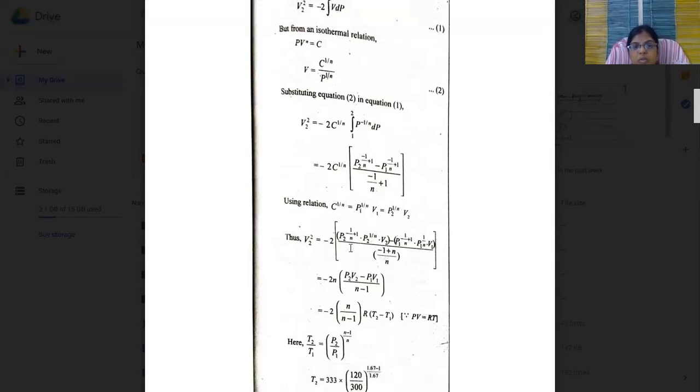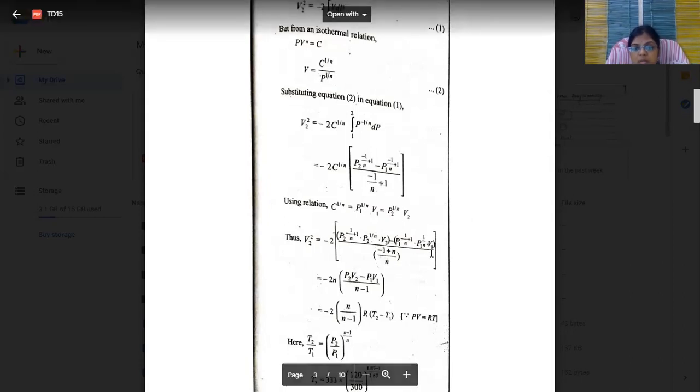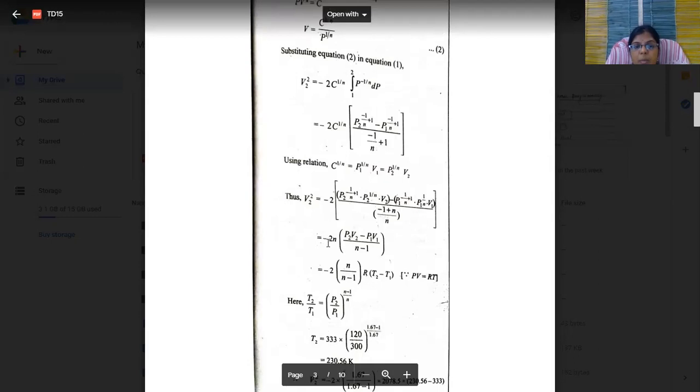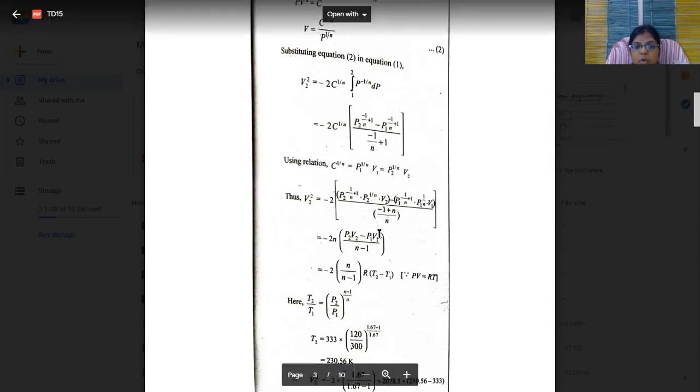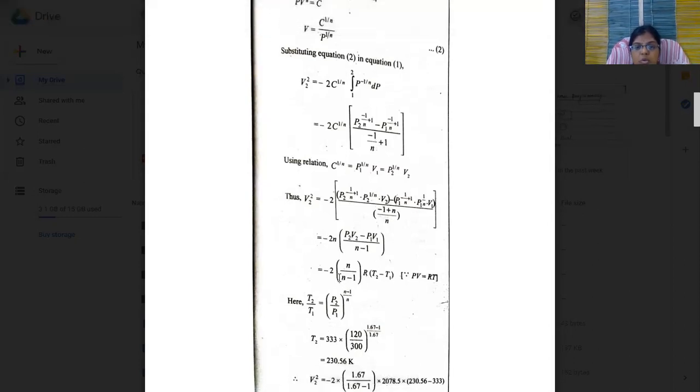So the same thing: minus 2 into (P2^(-1/n+1) into P2^(1/n) into V2 minus P1^(-1/n+1) into P1^(1/n) into V1), divided by (-1/n+1). Finally, n by n cancels, and taking the n term common, minus 2n by (n minus 1) into (P2V2 minus P1V1).